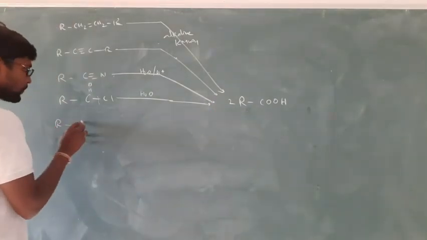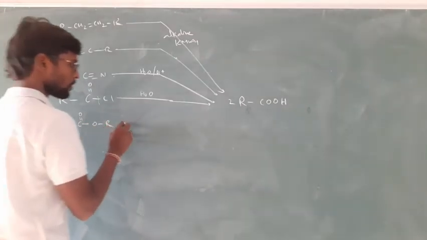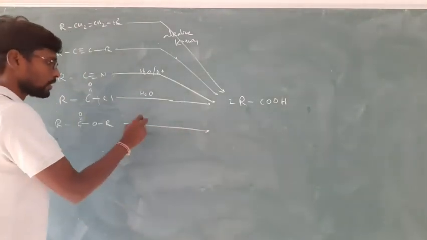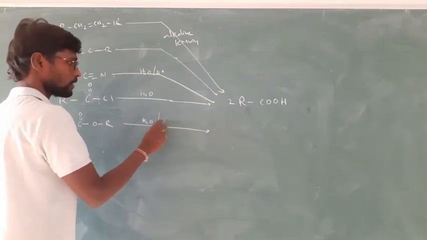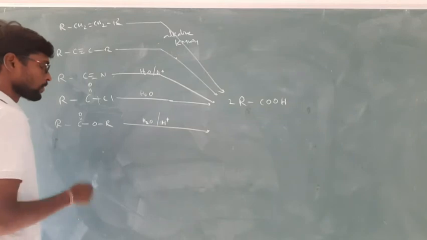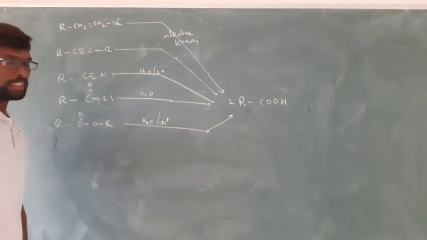And if you do acid hydrolysis of esters, RCOOR, the main product is again carboxylic acid.